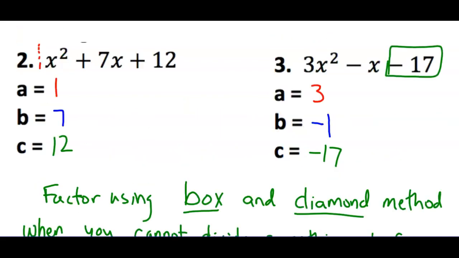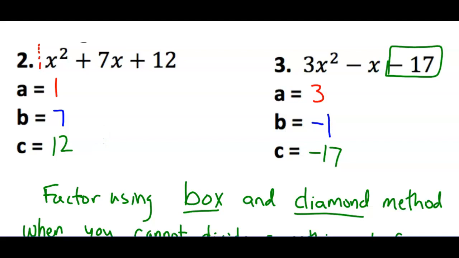Okay, so it is super, super important that you know how to do this. You will notice that my A, B, and C are 1, +7, +12, because there's a 1 in front of this x squared. It is just the number in front of the squared term, just the number in front of the x term, and just the number that doesn't have a variable. It is important that you do not put letters here, okay?